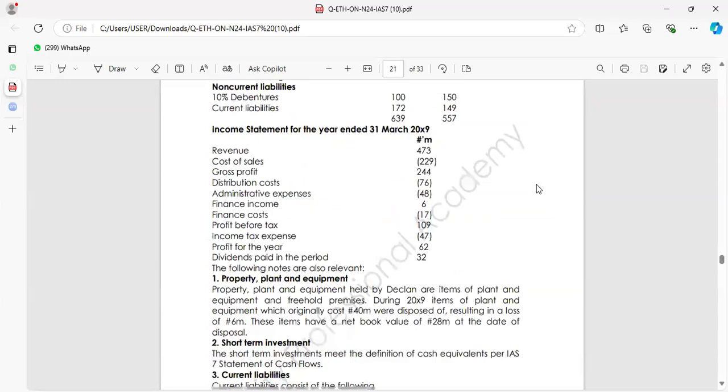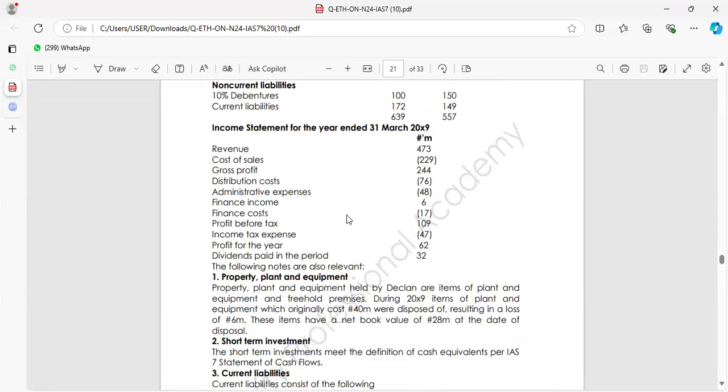If you go to the pure head, we'll pick profit before tax, 109. Finance cost is removed before 109 and it's not operating. I will do the opposite. Finance income is an investing activity they've added in operating. I will less. That's why we said opposite of the question.